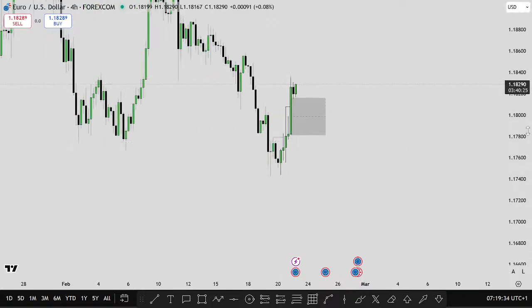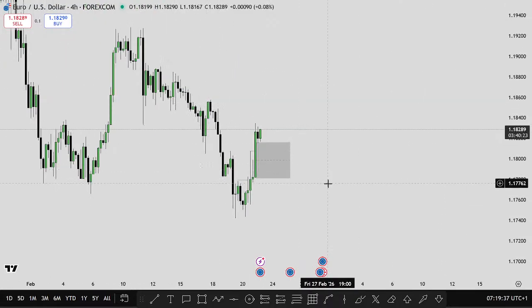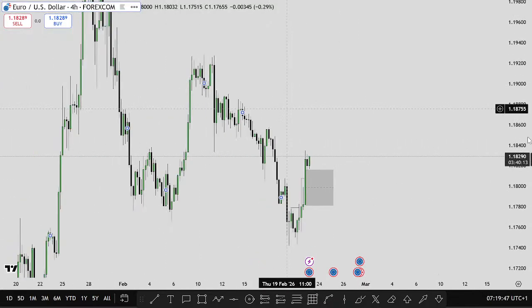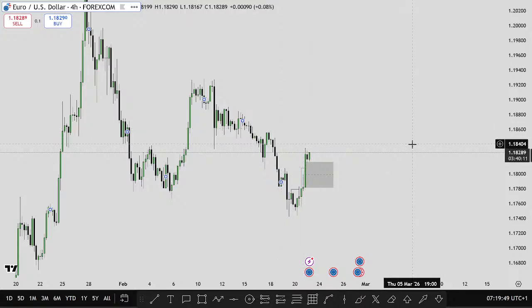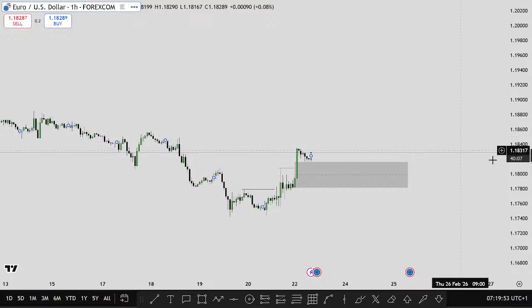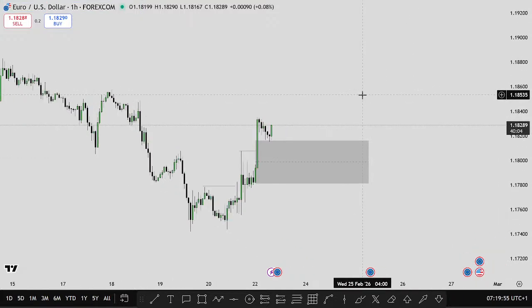But this is what I'm seeing, and that's why I'm marking it, not what I'm thinking, not what I'm expecting, but what we can see to expect rejection. So from what I can see, the bearish market on Euro USD has come to an end, and price is going up.